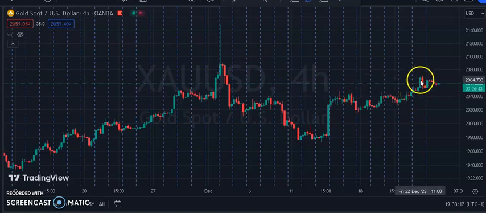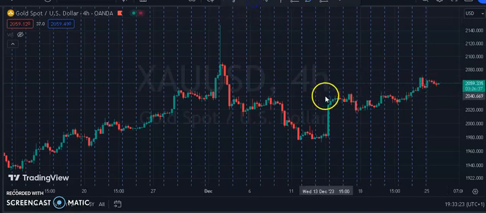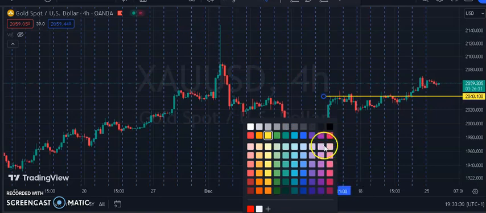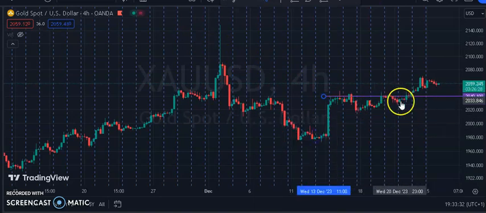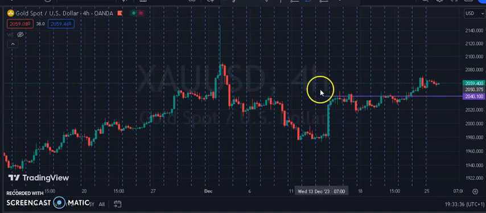It then broke up, and then it stays. So I will put my territory like this. I normally put a purple line as my territory, which is where it all initiated.